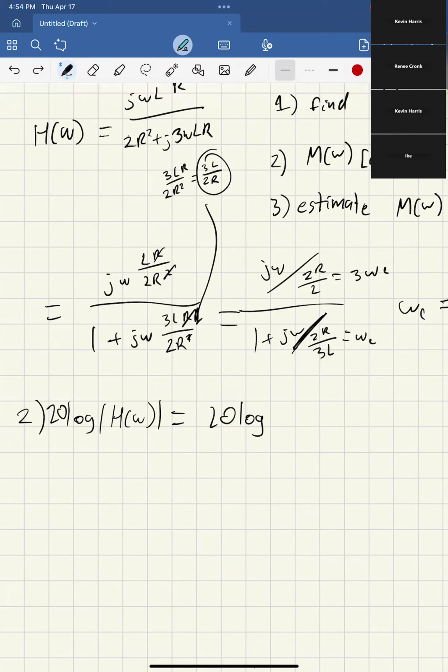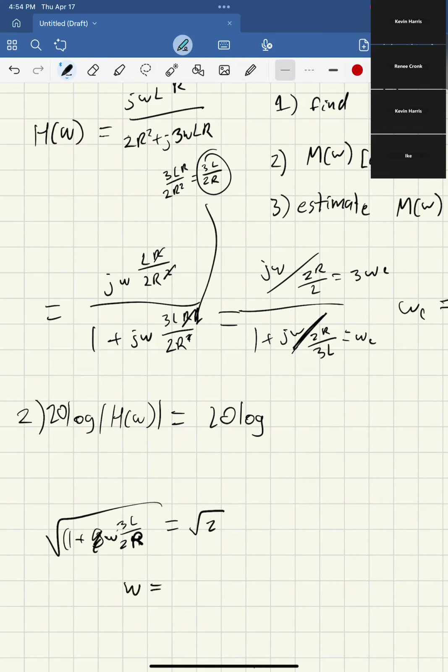We want to find out when the magnitude of 1 plus j omega 3L over 2R equals root 2. And what he's been talking about in class is how to do that without having to go through all of this.